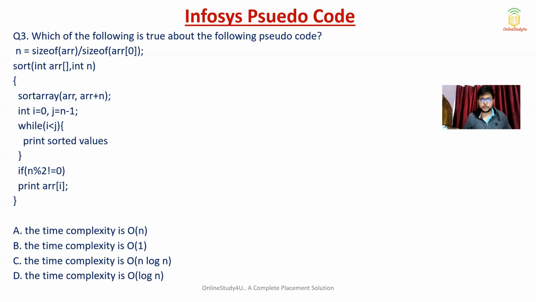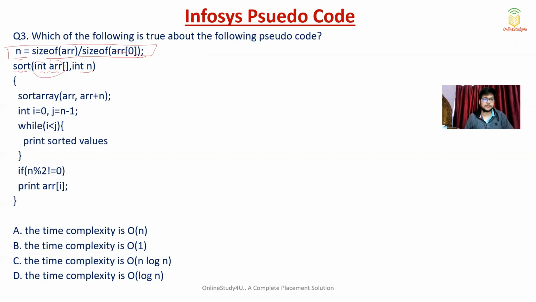So okay, moving on to this question: which of the following is true about the pseudocode? I have a variable n which contains the size of the array. It simply stores the size of the array. Then I have a sort function with int arr and int n.